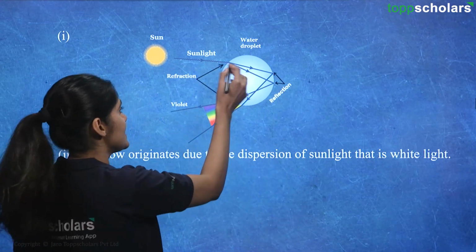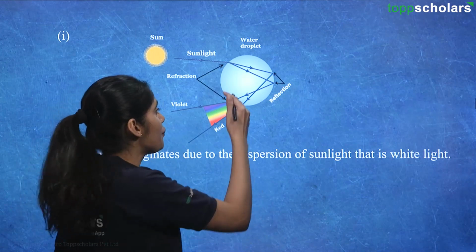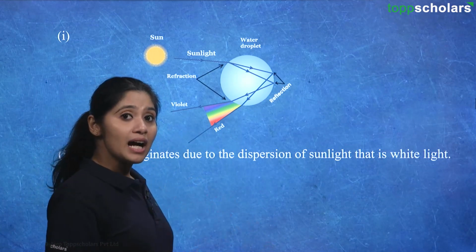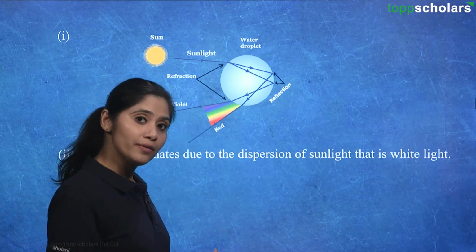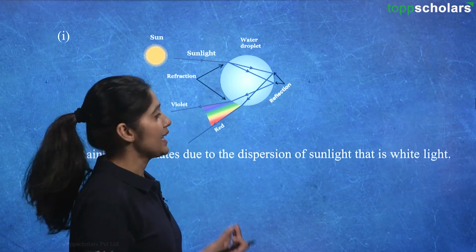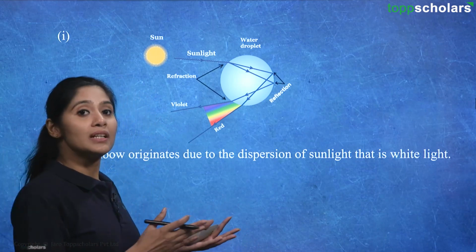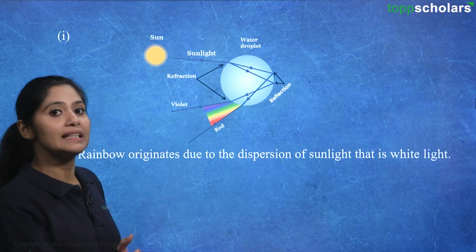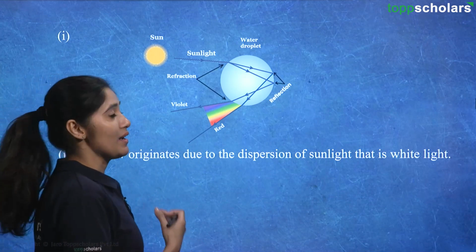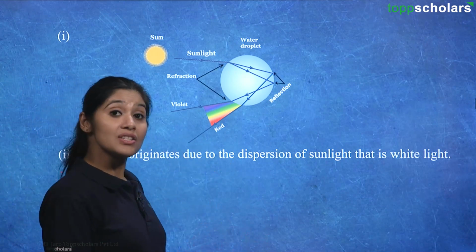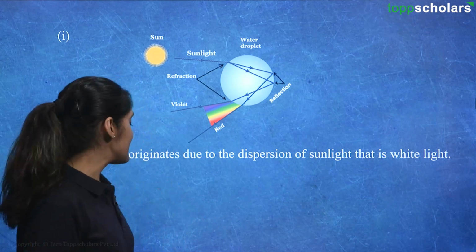We can see one single incident ray, and what is coming out? It is giving out the dispersed ray, and it has components of colored lights in it, and that is getting divided into different colored lights when it comes out of the droplet, and that is why we see these 7 colors from the white light, right?